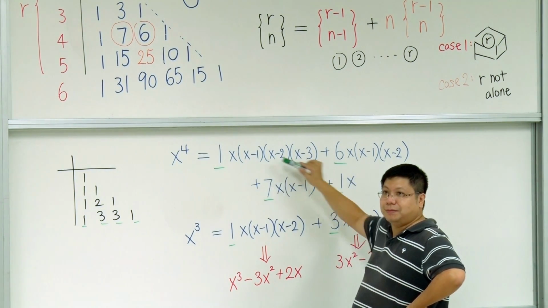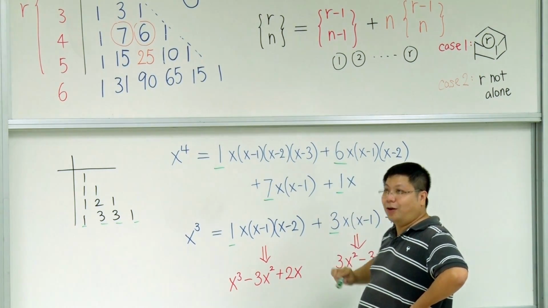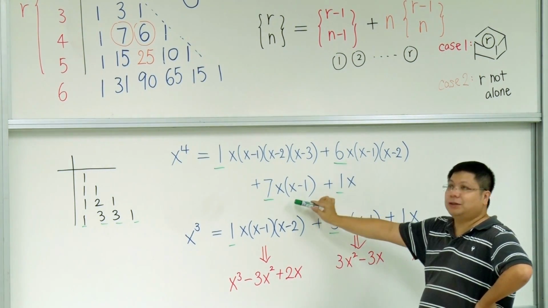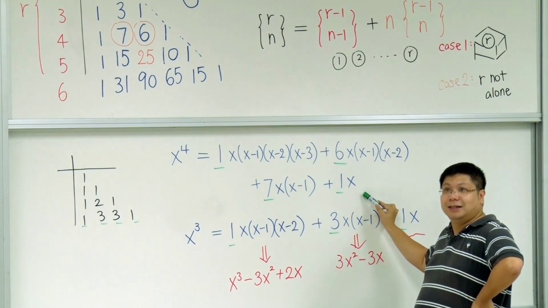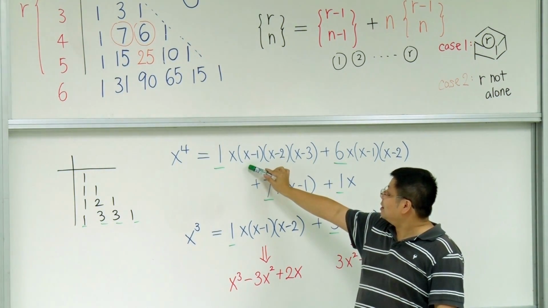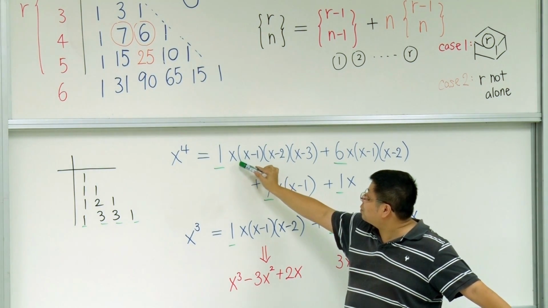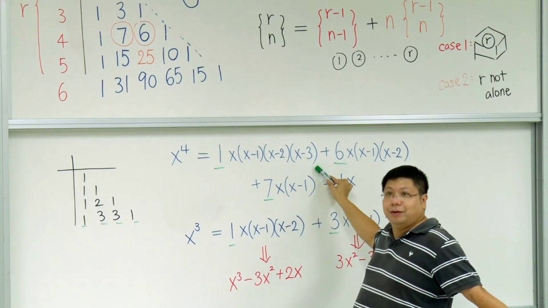If you look at this, this is the only term that has x^4. All the other terms have only x^3, x^2, and x. Am I correct? So this is the only term that gives x to the power 4, and there is just one of them.